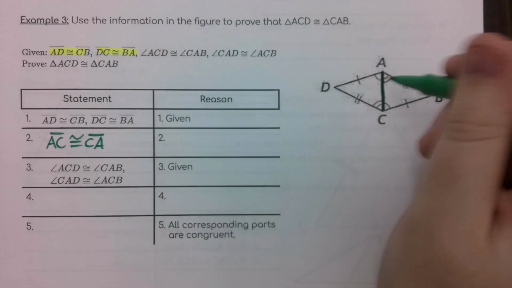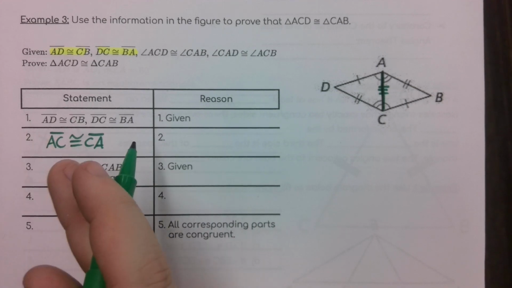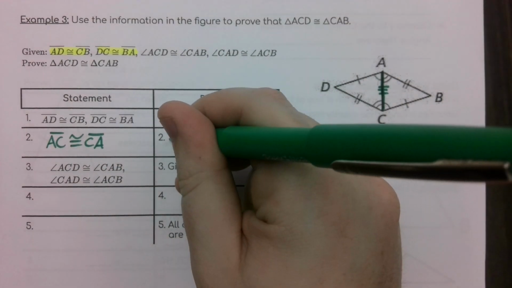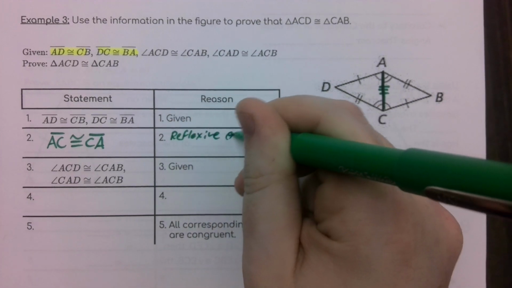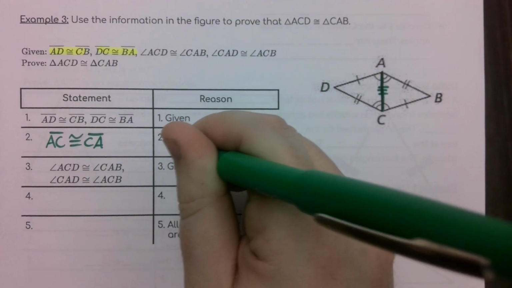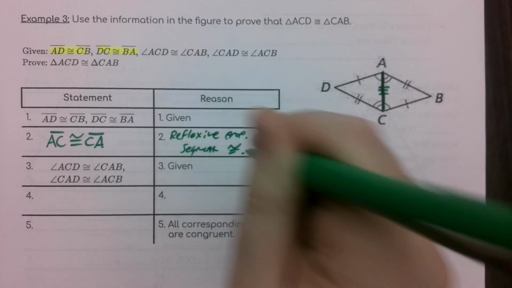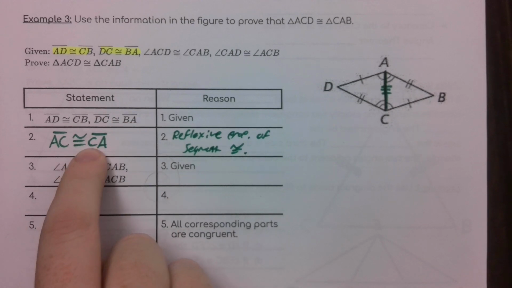But we also notice that the letters match in the statement. AC flipped around is CA. So from the last example, we know that this is the reflexive property of segment congruence. Nice. Cool. We found our three sides. 1, 2, 3.